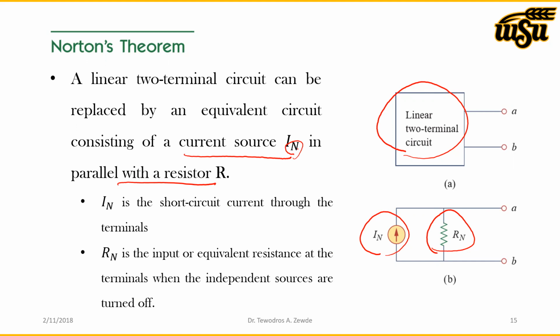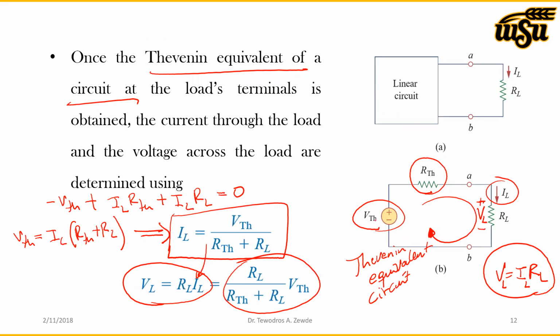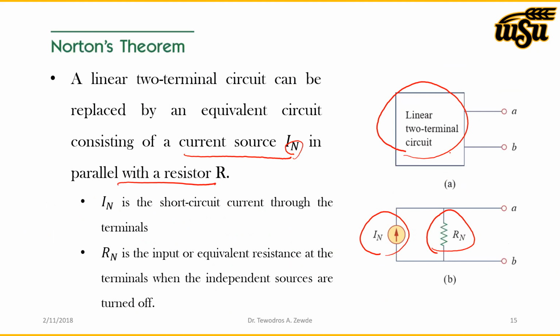And R is the equivalent resistance, and again we put RN to show that that's a Norton equivalent circuit. For Thevenin, we just put TH to show that it is a Thevenin equivalent circuit. But for Norton, we put N to show that it is a Norton equivalent circuit. Now, IN is the short circuit current between terminals A and B.